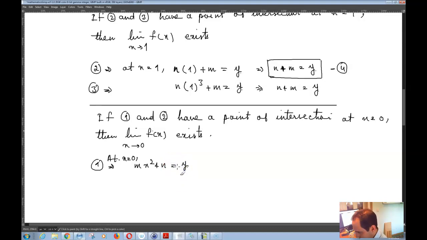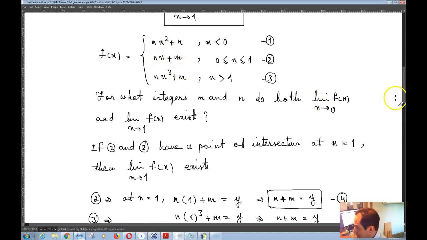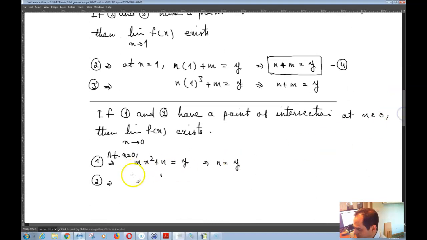So if x is equal to 0, that means that n is equal to y. And 2 gives us nx plus m, which is supposed to be equal to some y. So if x is equal to 0, that means that m is equal to y.